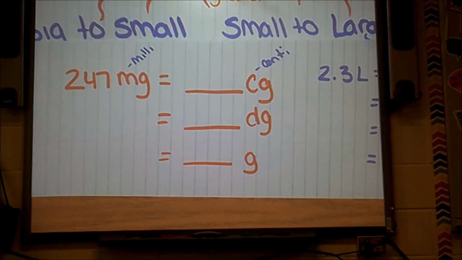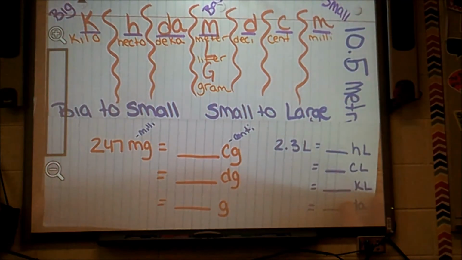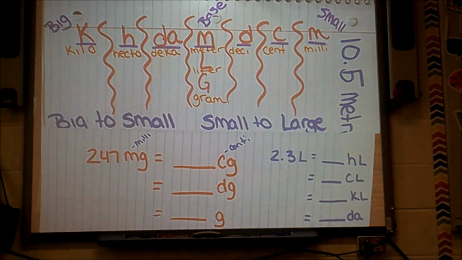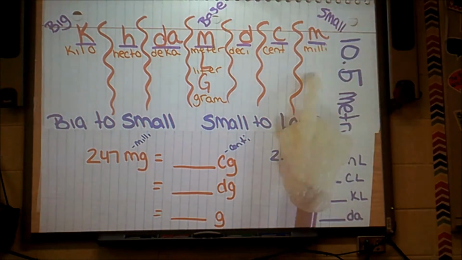But with metric, you don't need that. On your columns here, I want you to put your finger on where it says milli, because that's where we are right now. We have 247 milligrams. So put your finger on milligrams.